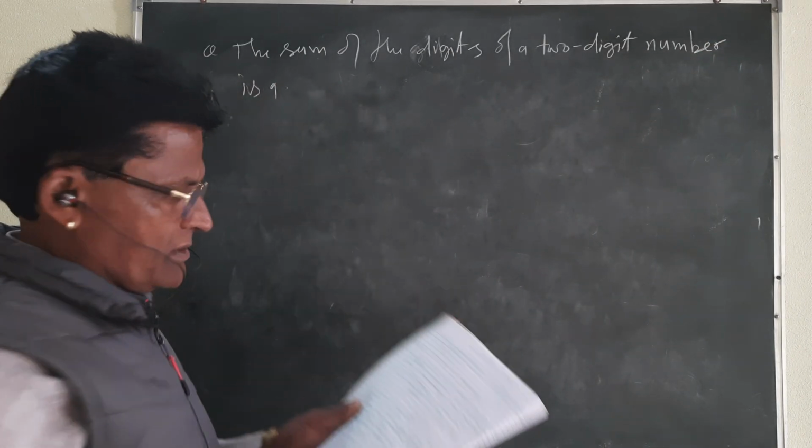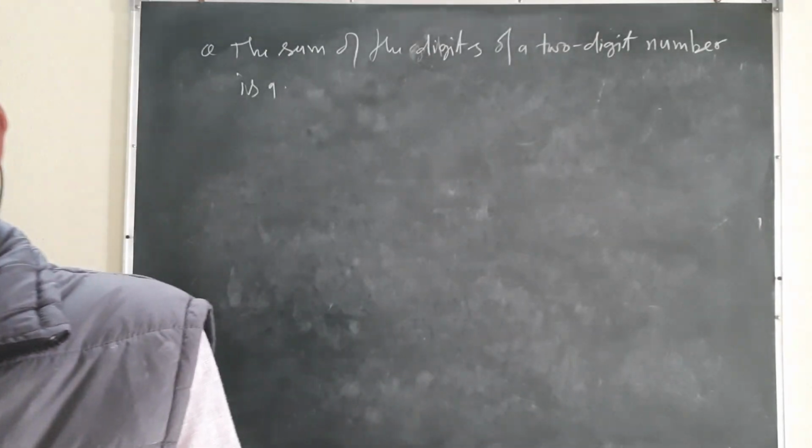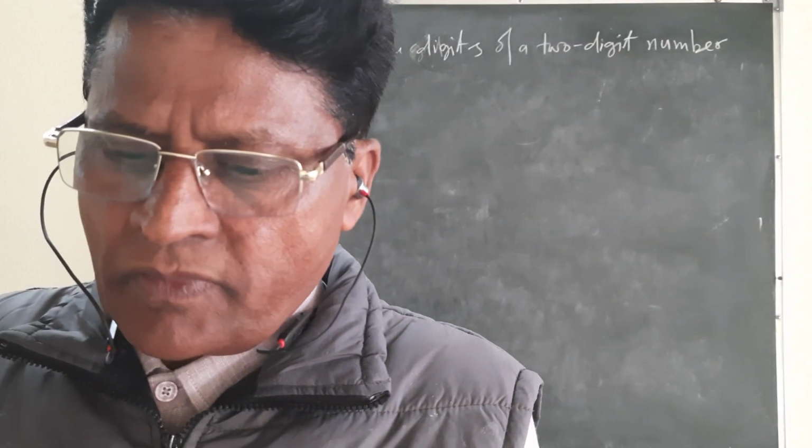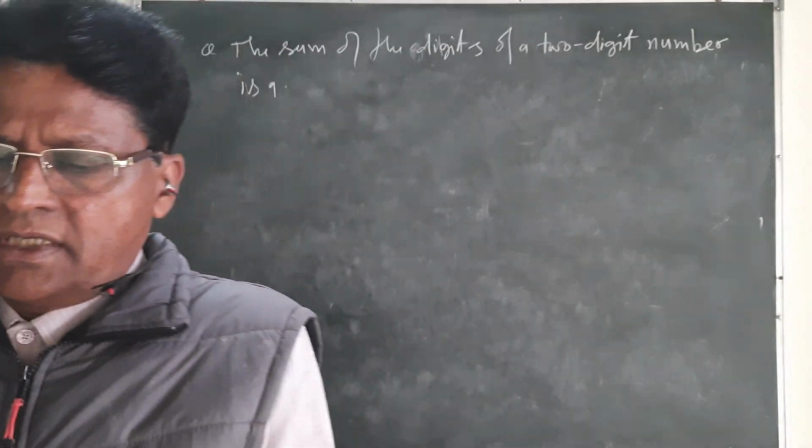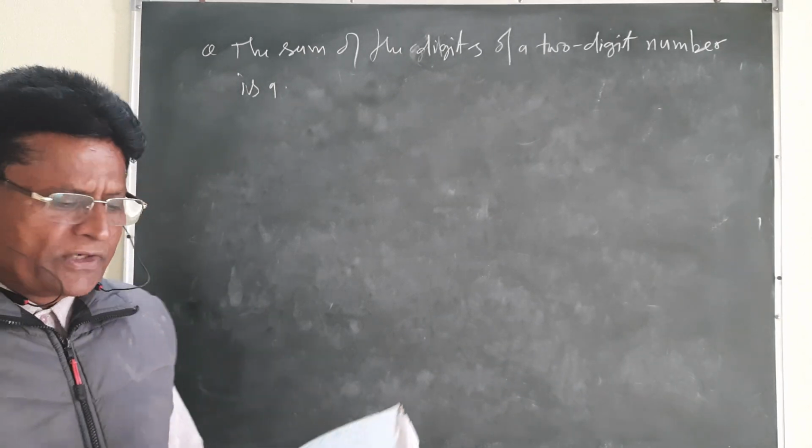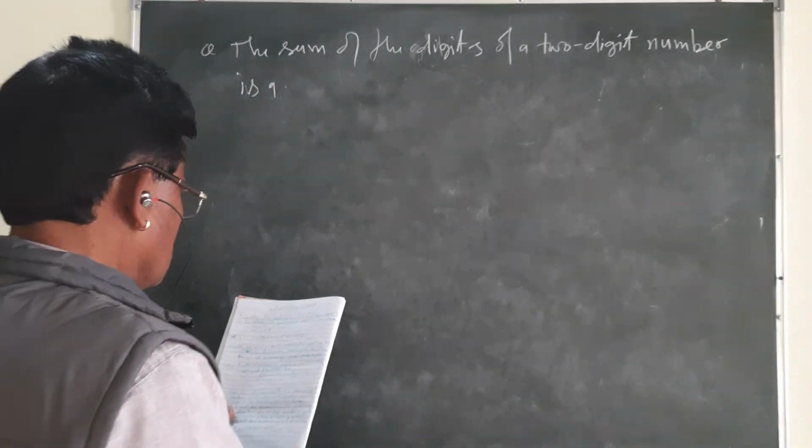Very important question related with the age group, related with the number. The sum of the digits of a two-digit number is 9.